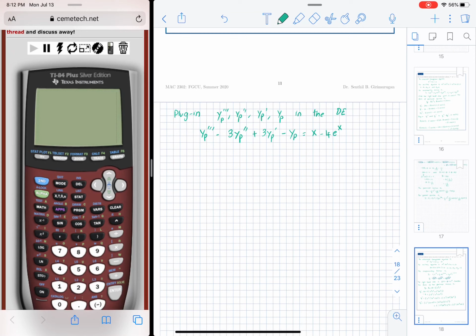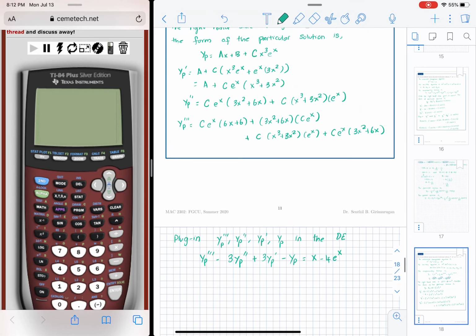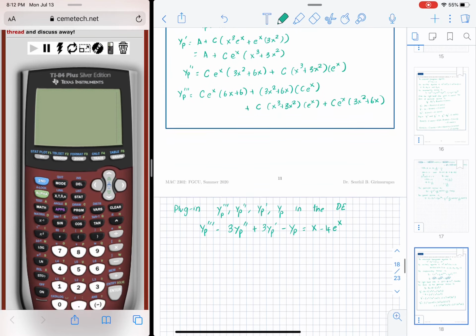Now you just have to observe the right hand side to get the necessary equations, because we don't want to have too many terms in trying to find the particular solution. So as long as I get enough equations to solve the coefficients, I am perfectly fine with it. So how would we go about doing this?